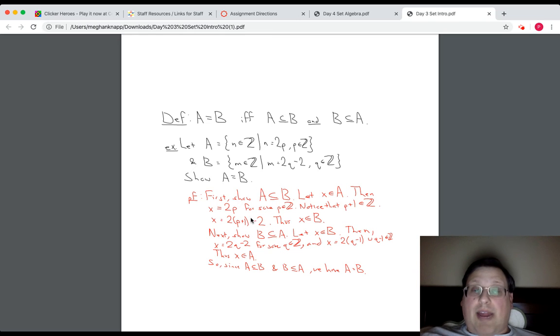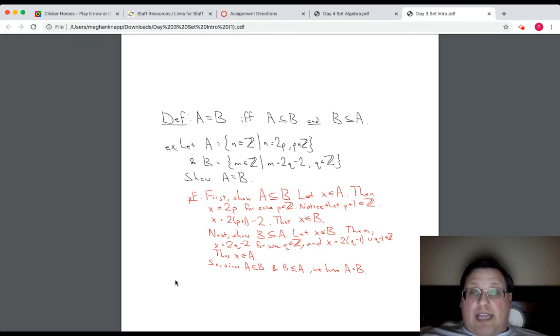I can rewrite it in the form of B. So now I know that whenever X is in A, X is also in B, so A is a subset of B. Likewise, I can do the same thing by letting X start with an element of B, and just doing the same trick backwards, I can demonstrate that X also happens to be in A, and B is a subset of A.